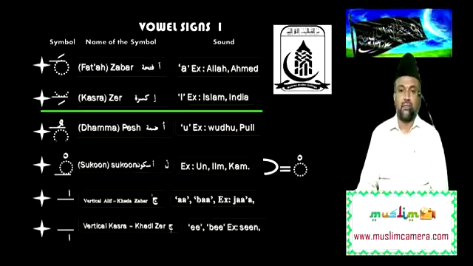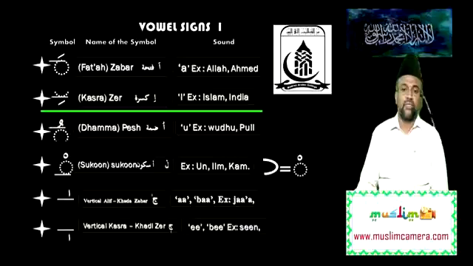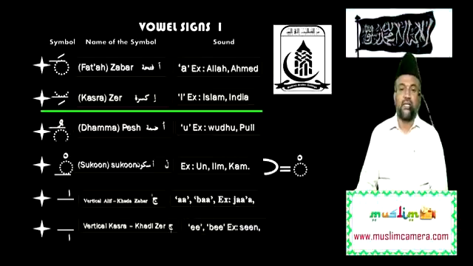Islam, E. So this produces E sound. That is, if this sign is placed under Kaf, it will become Ki. If it is placed under Mim, it will become Mi. If it is placed under Noon, it will become Ni.